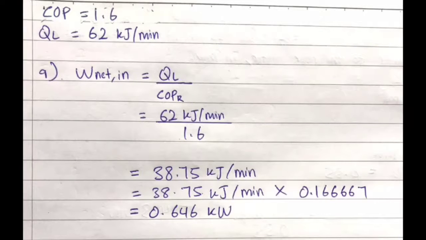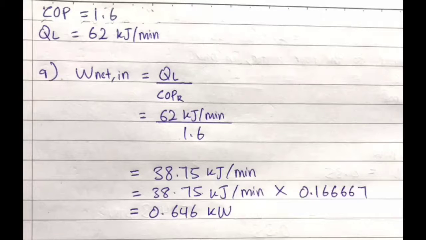So for the solution, the COP and the refrigeration rate of a refrigerator are given. So the power consumption and the rate of heat rejection are to be determined. So we assume the refrigerator operates steadily.